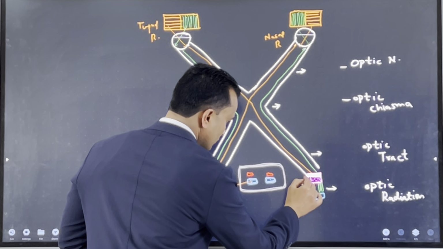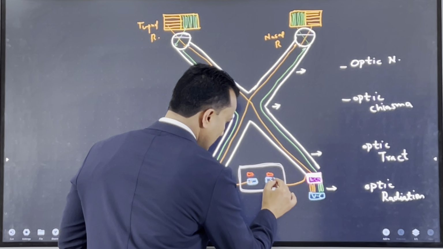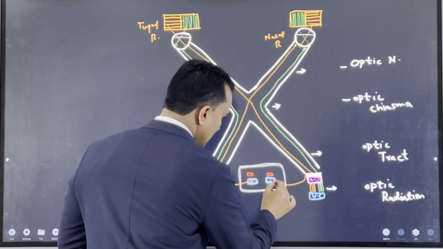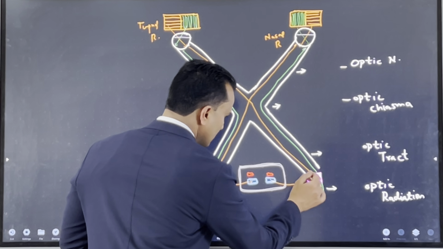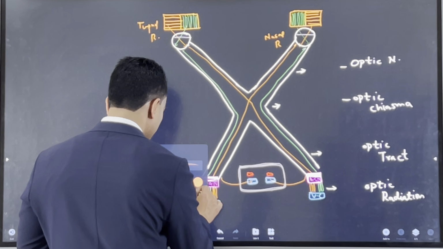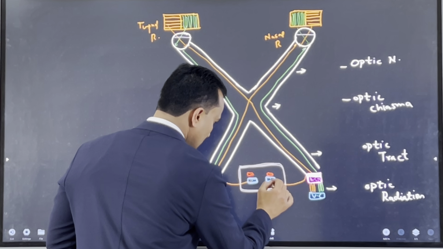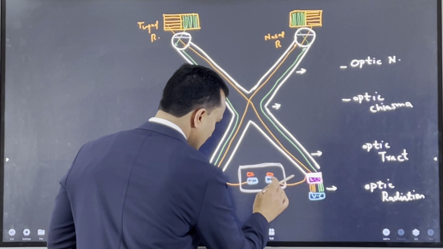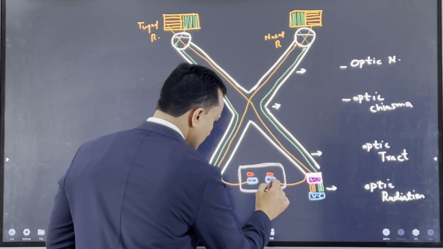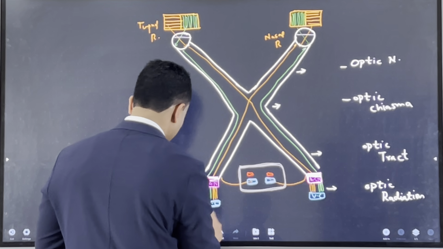Same on this side also. Remember that these fibers are entering the midbrain and synapsing first with the pretectal nucleus. If asked in an exam what the location of the pretectal nucleus is, you should understand that the location is the midbrain.